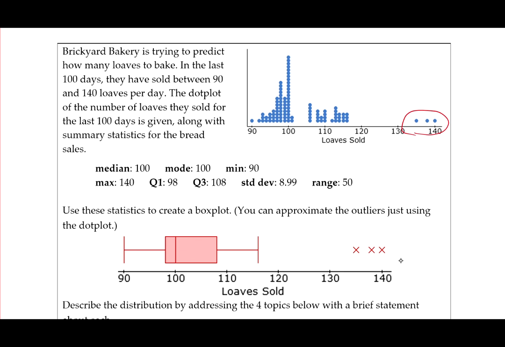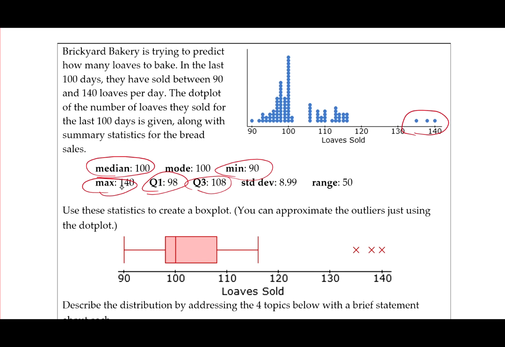Then to create a box plot, we use the values of the minimum, Q1, the median, Q3, and the maximum. So the left whisker starts at the minimum, which is 90. The box starts at Q1, which is 98. The line in the center of the box is at the median, which is 100.